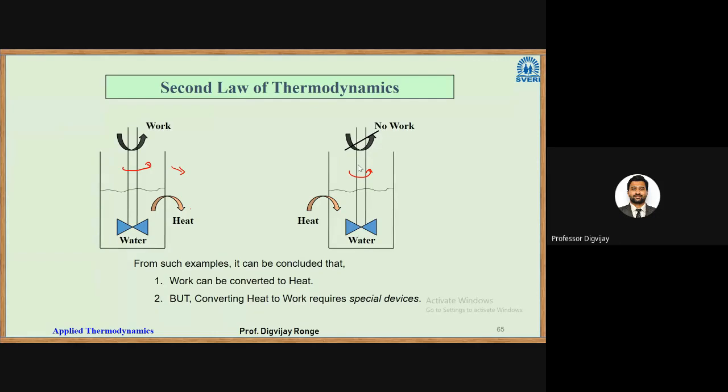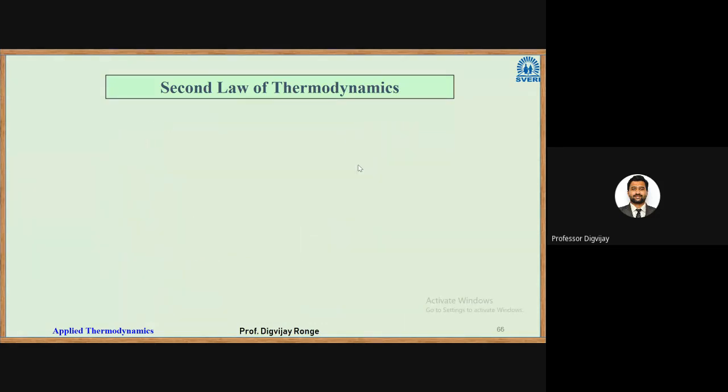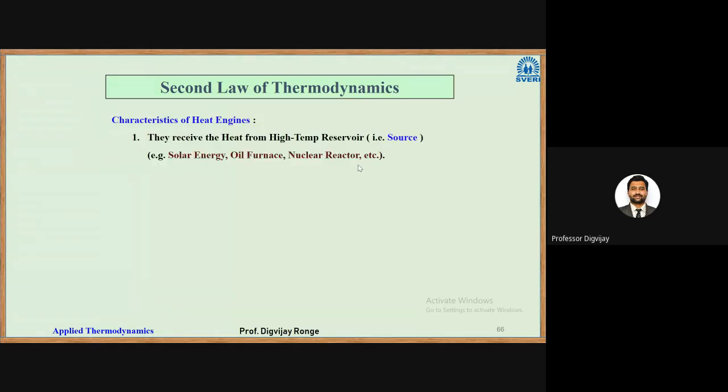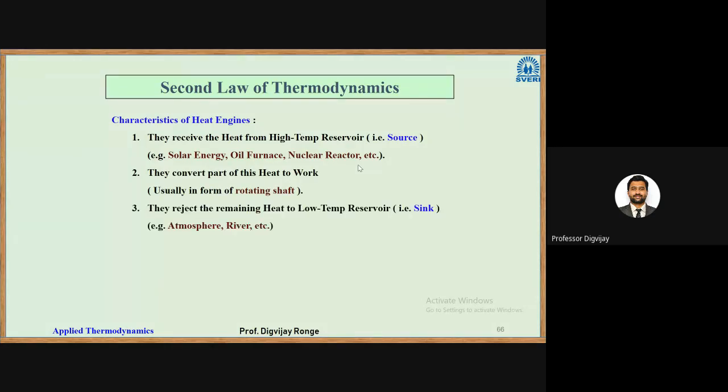So from such examples, it can be concluded that work can be converted to heat, but converting heat to work requires special devices. Those special devices are called heat engines. The characteristics of heat engines: they receive heat from a high temperature reservoir, convert some part to work, and then reject the remaining heat to the low temperature reservoir or sink.